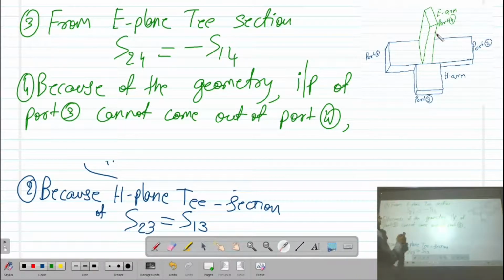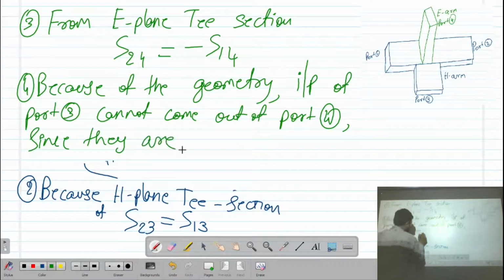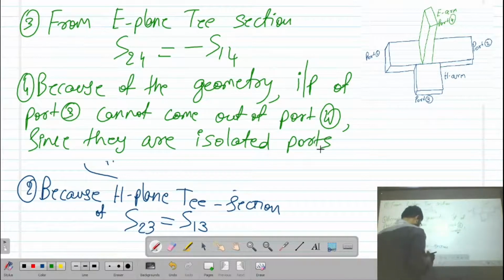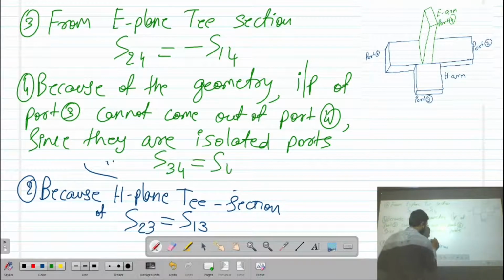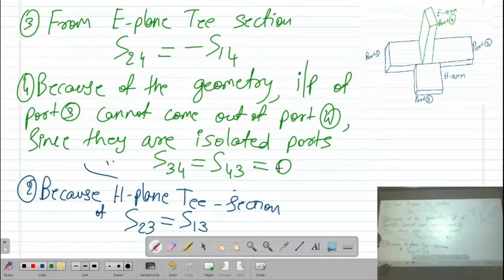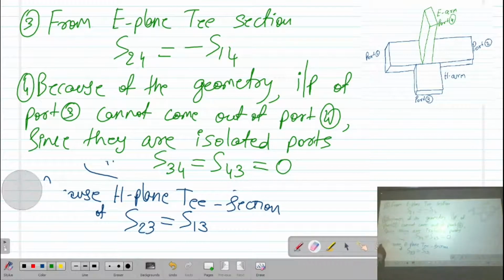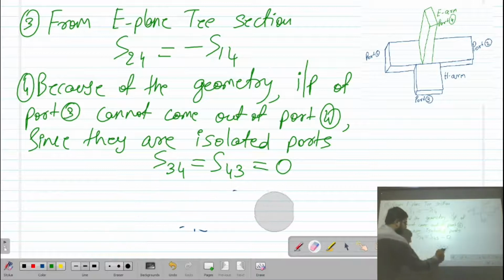So as they are isolated ports, the input of port 3 cannot come out of port 4. So S3 of 4 is equal to S4 of 3, which is equal to 0.